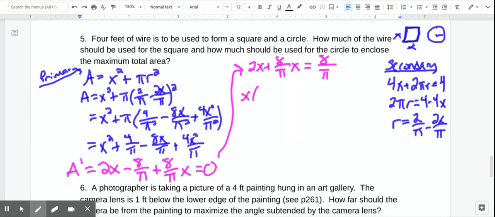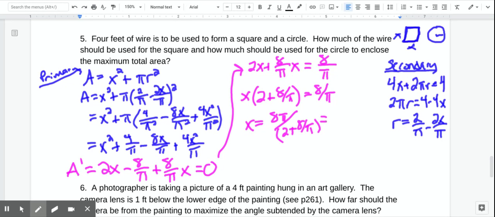And then we'll factor out an x. And then we divide and we get 8 over pi divided by 2 plus 8 over pi. And when we do that in our calculator, we get 0.56.